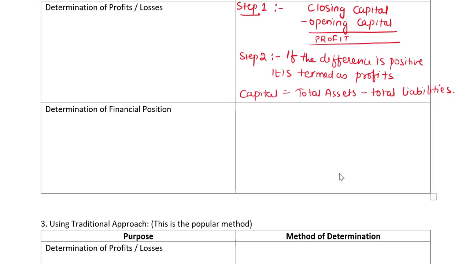How will you determine the financial position of the business? The financial position of the business is determined by making the balance sheet, that is, the assets and liabilities. That is known as the statement of financial position. So please write: a statement is prepared showing all assets and liabilities.